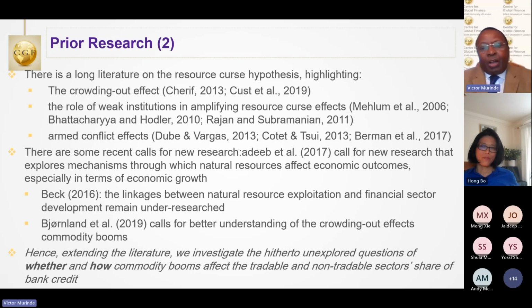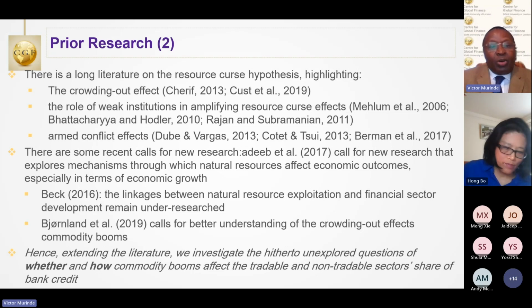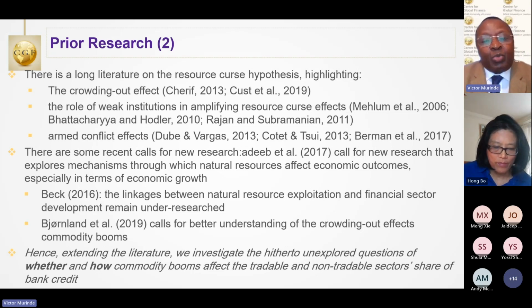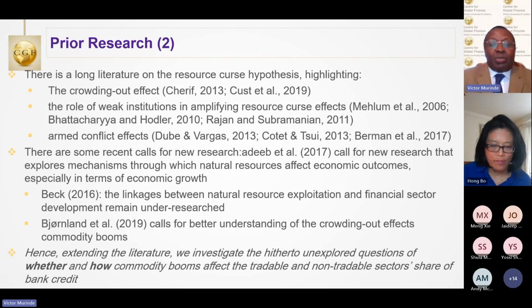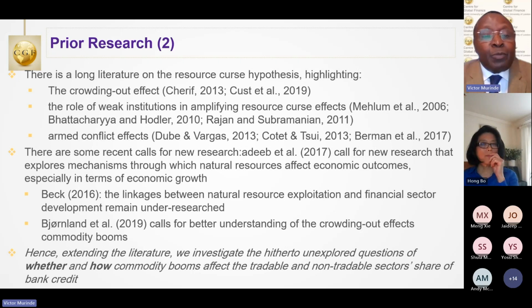This identifies about three channels. For example, the crowding out effect. The work by Sheriff in 2013 and Cass in 2019 shows how natural resource revenues crowd out certain sectors. So that's one channel of crowding out.